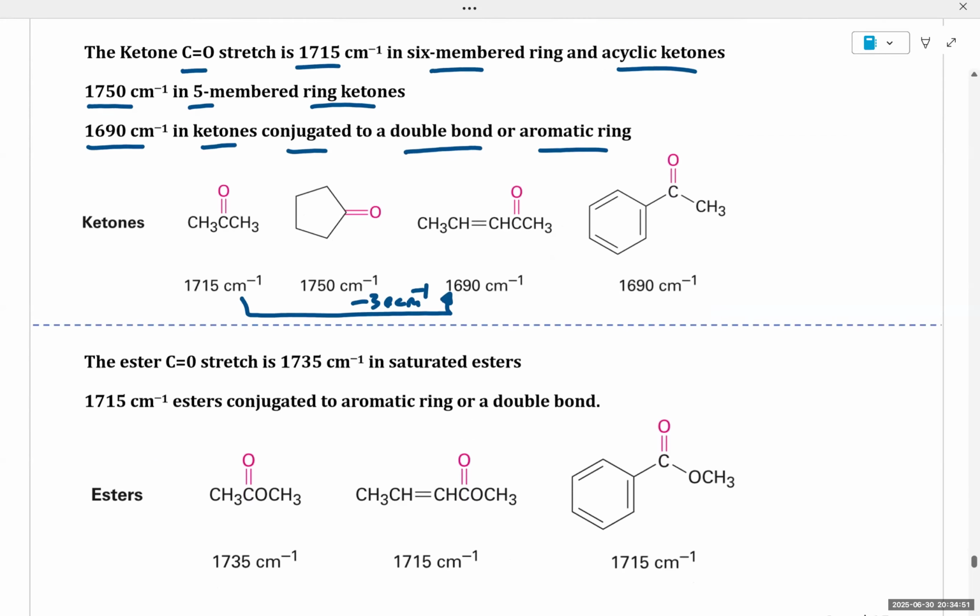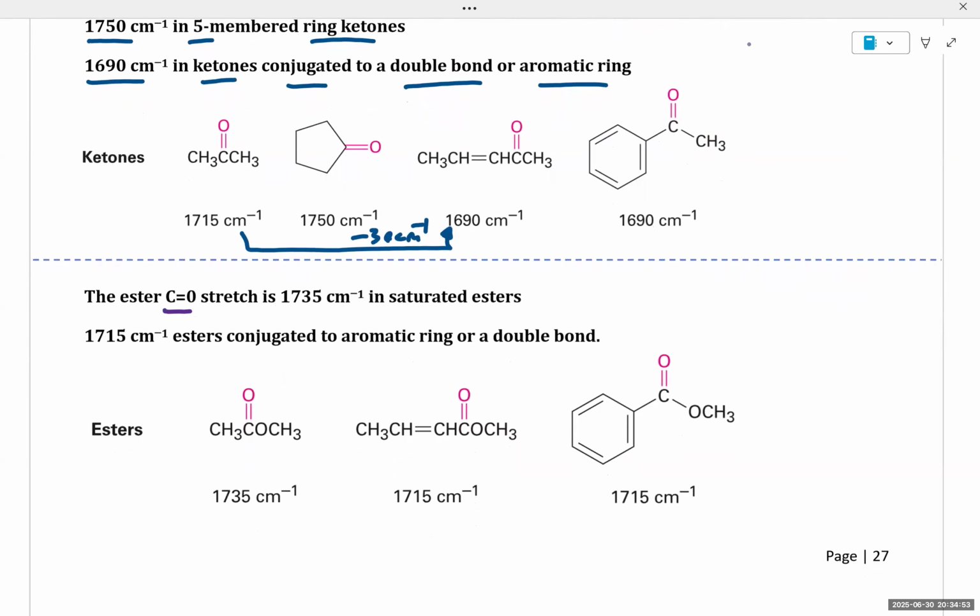Lastly, the ester CO stretch is around 1735 if it's saturated and 1715 for esters that are conjugated to an aromatic ring or a double bond.